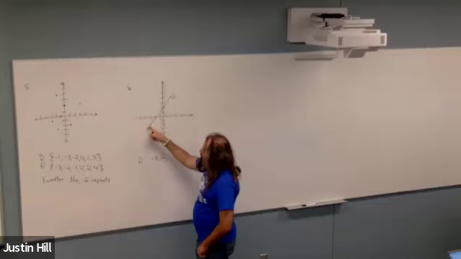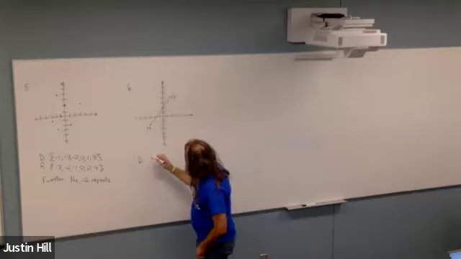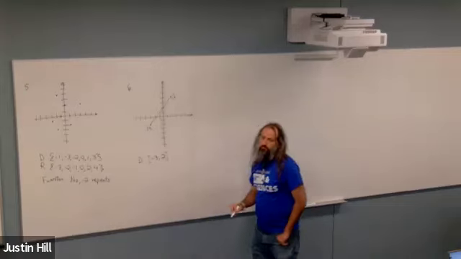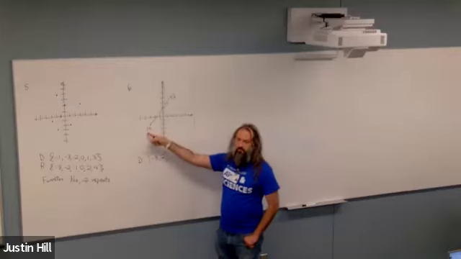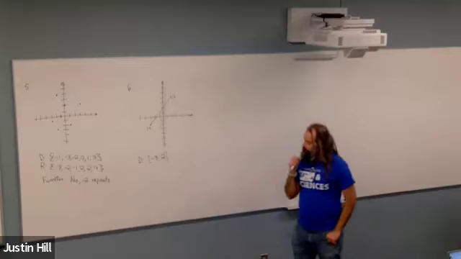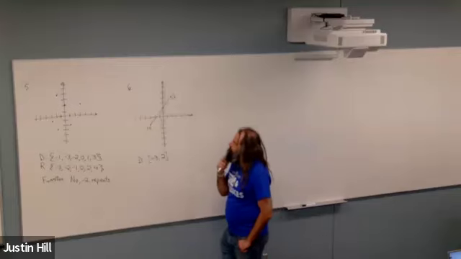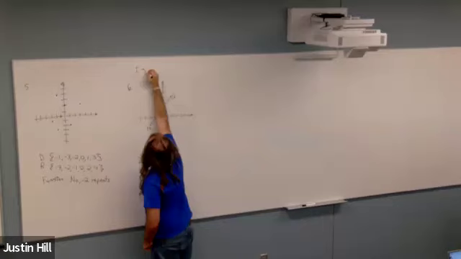But this point has an x value of -3, and that point has an x value of 2, so instead of these, I write square brackets. Square brackets tell me that I actually reach -3 and I reach 2.